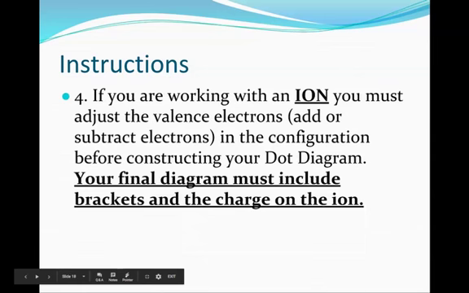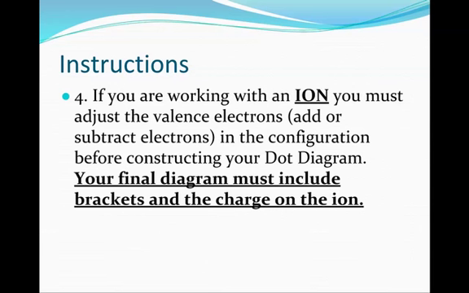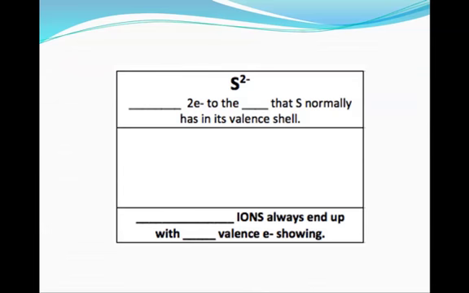If we're working with an ion, we have to adjust those valence electrons. You're also going to see that we have to use brackets and charges and place them in the correct spot. Sulfur, which has a -2 charge, means that it's gaining 2 electrons. So we have to add those 2 electrons. If you look up the configuration, it has 6 valence electrons normally.